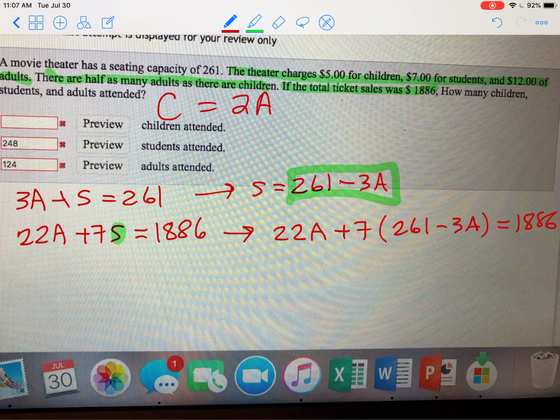Right? And finally, we have an equation here where it's all in A. It's one equation, all in one variable. So we just solve for A, and we're done.